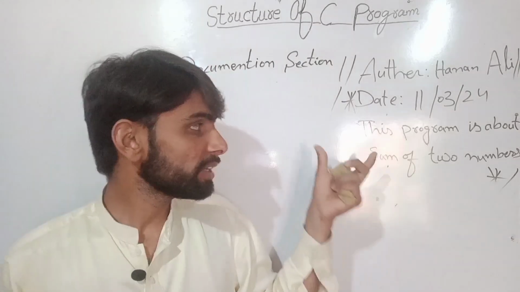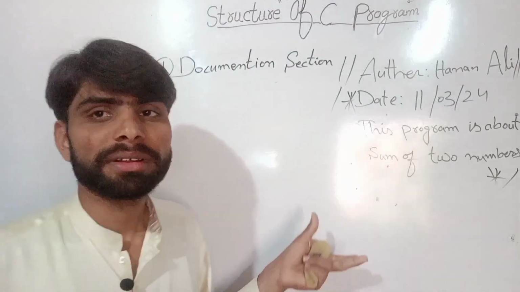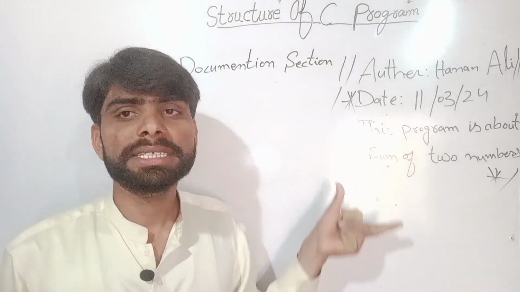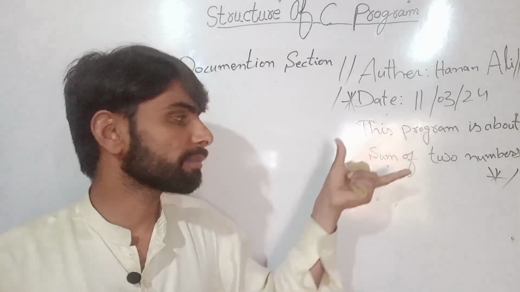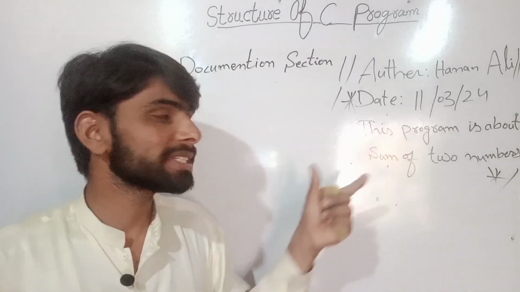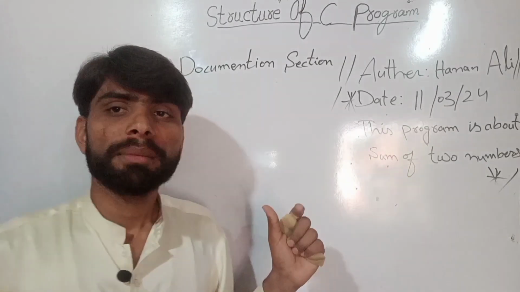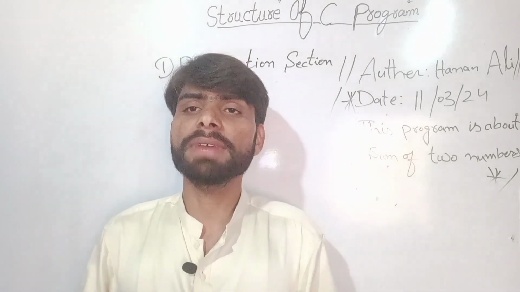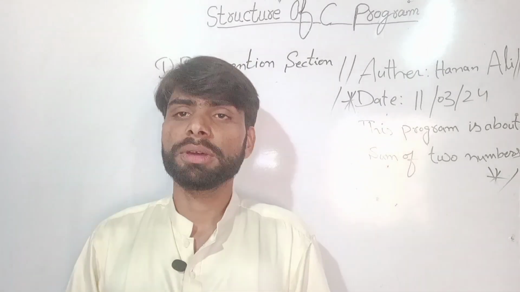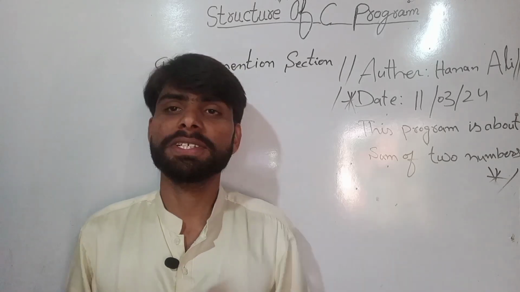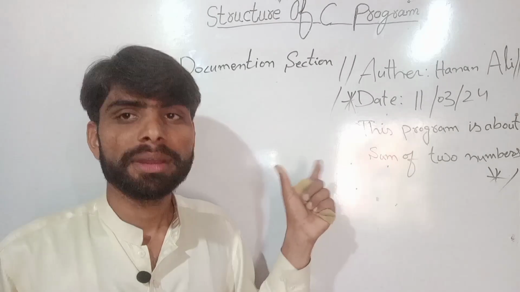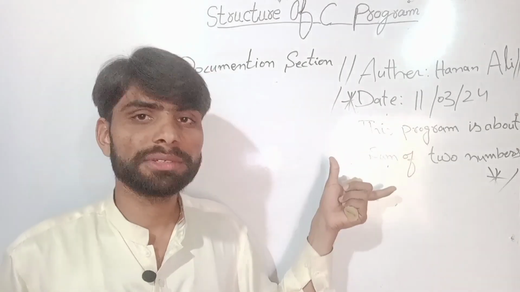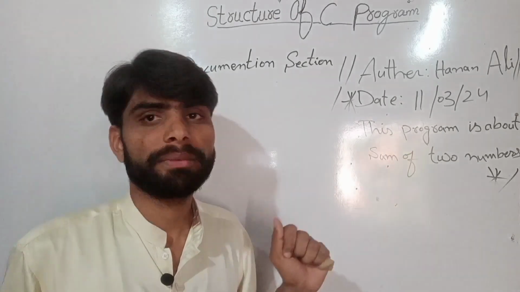That's why we write a documentation section, so another programmer can easily understand what the program is about. That's why we write a comment section. So this is an optional section in our program, but it is necessary in our huge programs.